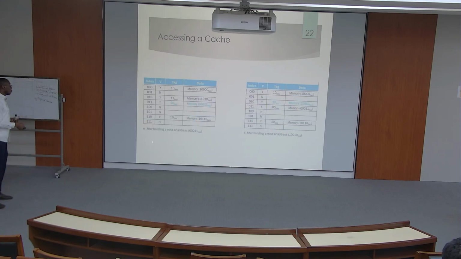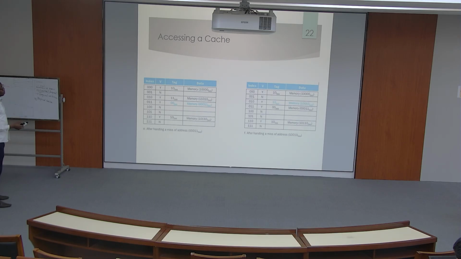So we also have to handle this miss. The upper 2 bits are for the tag, and the lower 3 bits are for the line. That is 011. So 011 is here. We need to set the valid bit to yes. Then we have 00 here, as it is for the tag address. The next one, we have 10010.